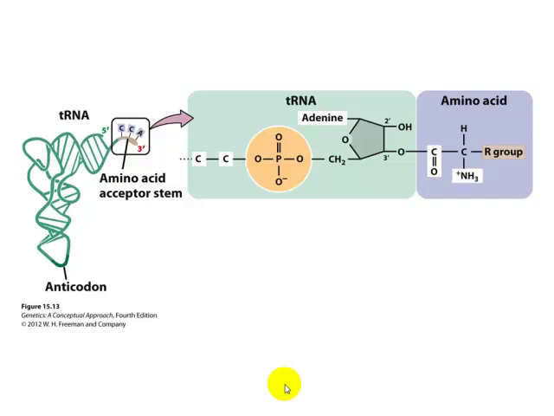You don't have to know the exact structure, but you have to know that at that site you have the connection to your amino acid. This is a covalent bond, so you need some type of energy. This process is not spontaneous. You're using an enzyme and also energy. It takes energy to put the amino acid in there.